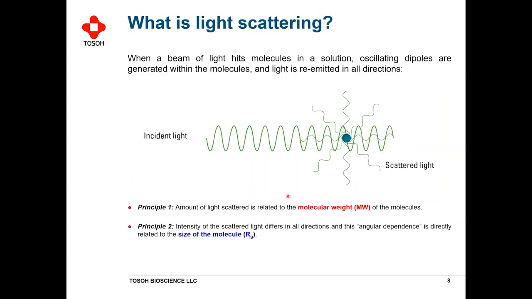And so for those of you who might not be familiar with MALS, MALS is an excellent tool to get information about molecular weight. So when it comes to the principles of MALS, the idea is that you shine light onto your molecule. So you can imagine this to be your AAV capsid right here, and then it scatters light in all directions. And so the key piece of information that we're concerned with is how much light is scattered in the forward direction.